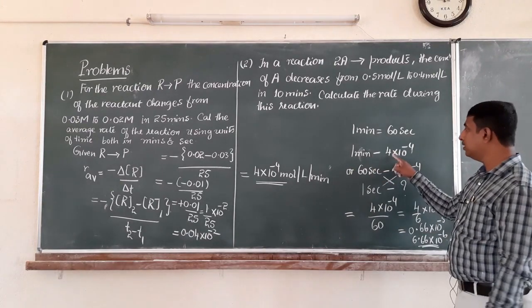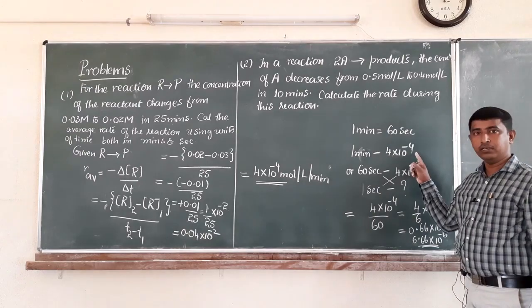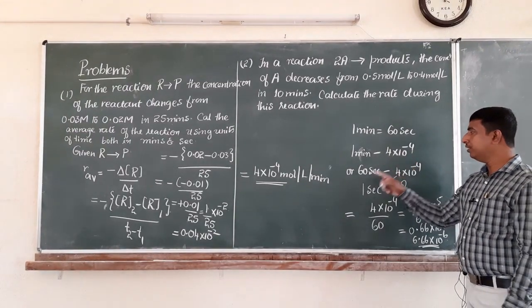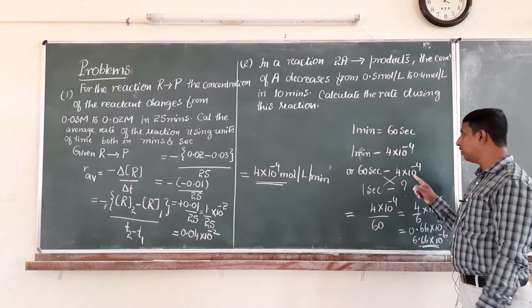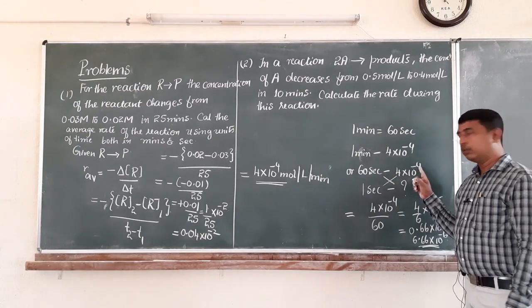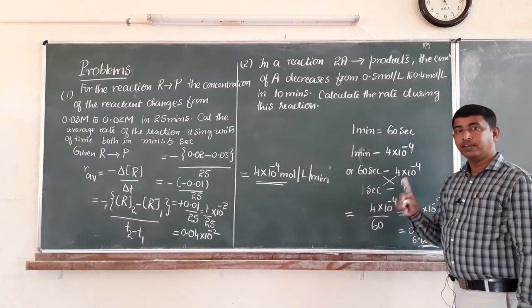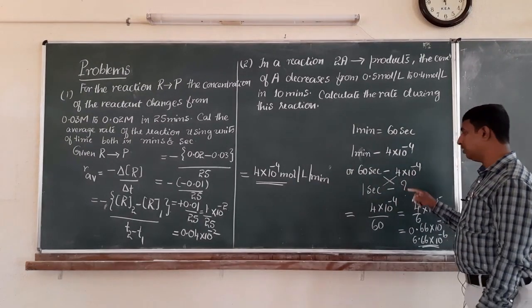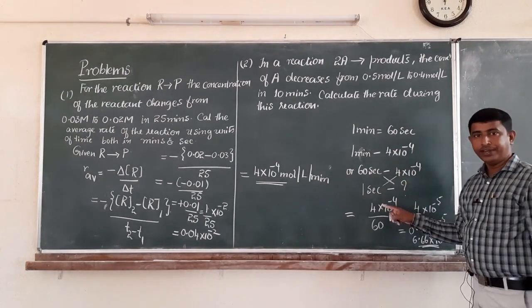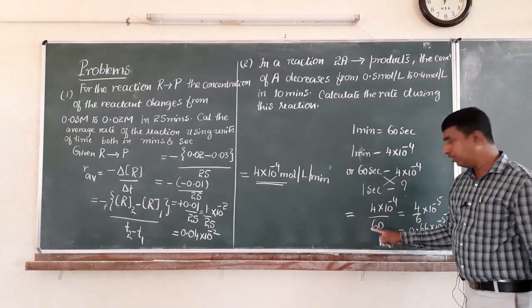So for 1 minute it is 4 into 10 to the power minus 4. 1 minute means 60 seconds. For 60 seconds value it is 4 into 10 to the power minus 4. We have to calculate the value for 1 second. So for 1 second it is 4 into 10 to the power minus 4 by 60.